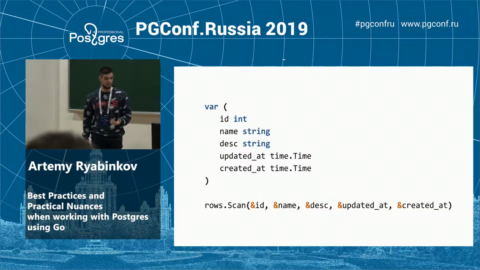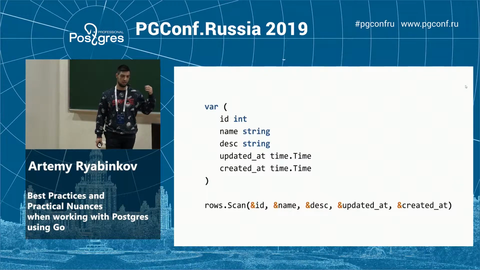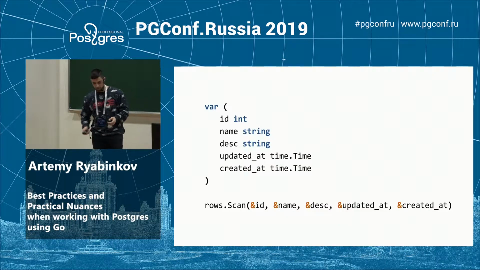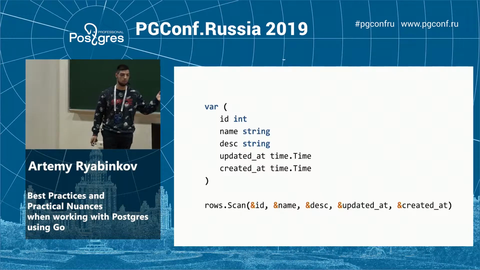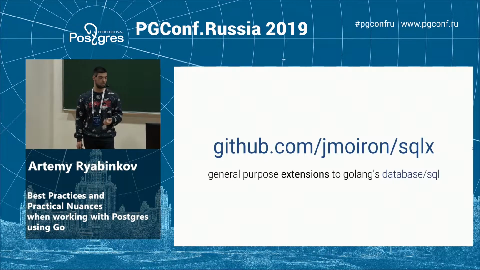Why? Because it's not convenient to work with database in Go. Why? ORM is not used in Go. Secondly, if we use a standard package, every column from database should be scanned into Go primitives. This is the way the code looks like, and it's not convenient to write a code like this.